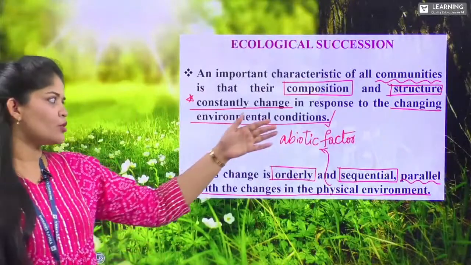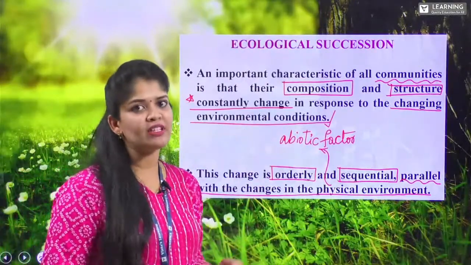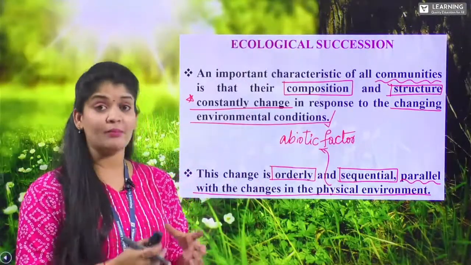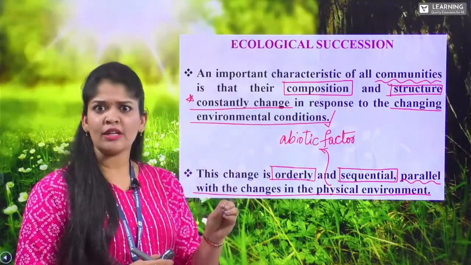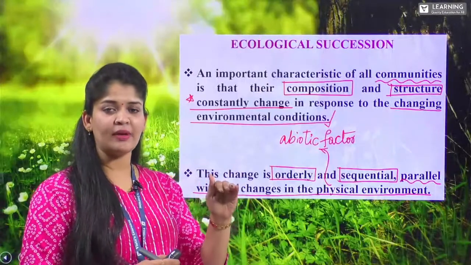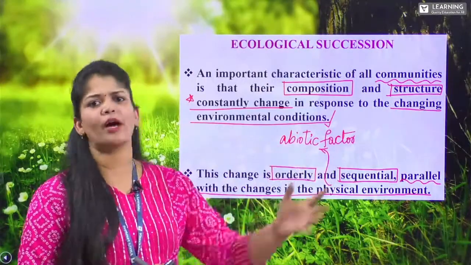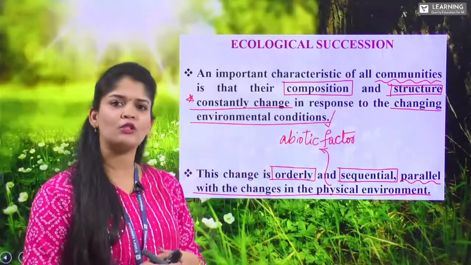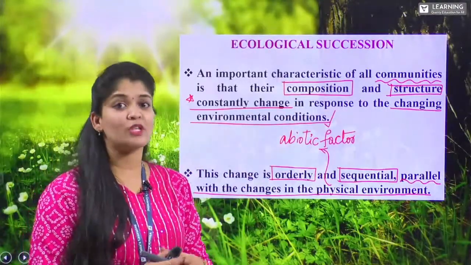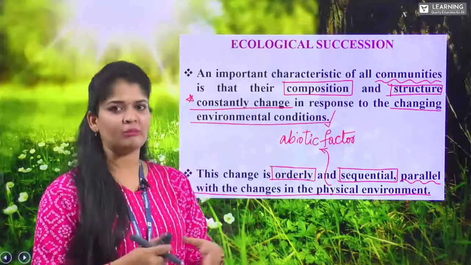As the abiotic, physical factors never remain constant in the environment, the environment regulates the biotic factors, and definitely the composition as well as structure of the ecosystem also keeps on changing with respect to the changes in environmental conditions.